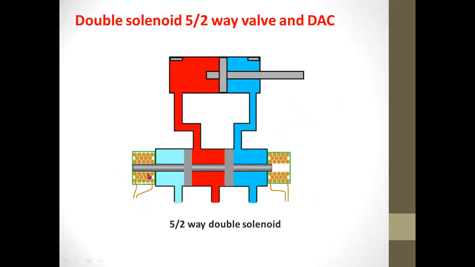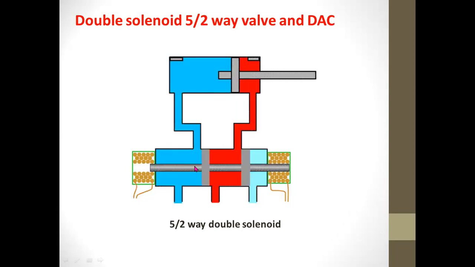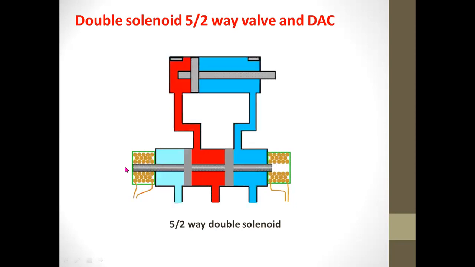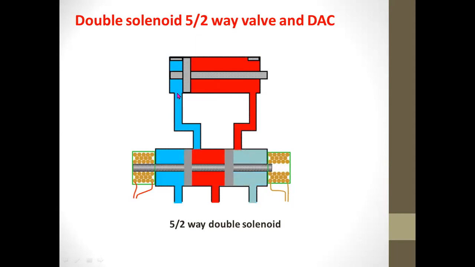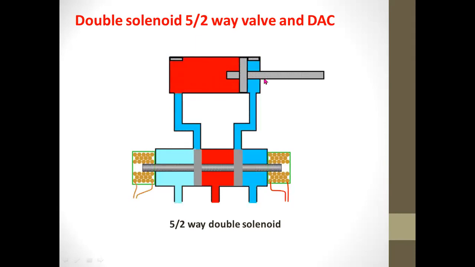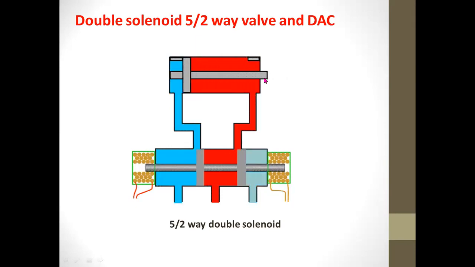Once you energize this coil, it attracts the plunger in this way, meaning the plunger will be moved in this direction, allowing the air to move here, and then push the cylinder to the extended position.